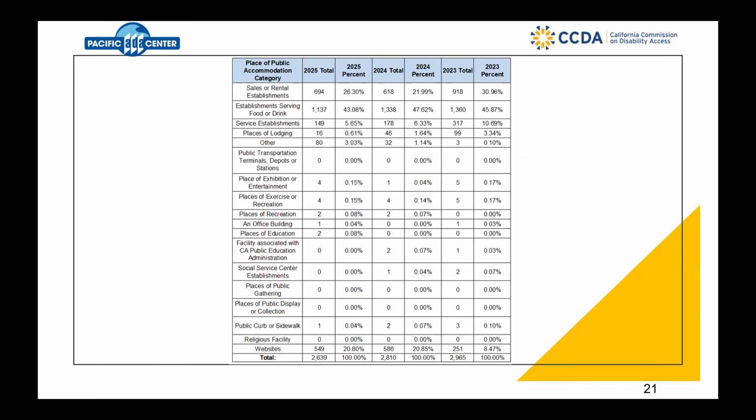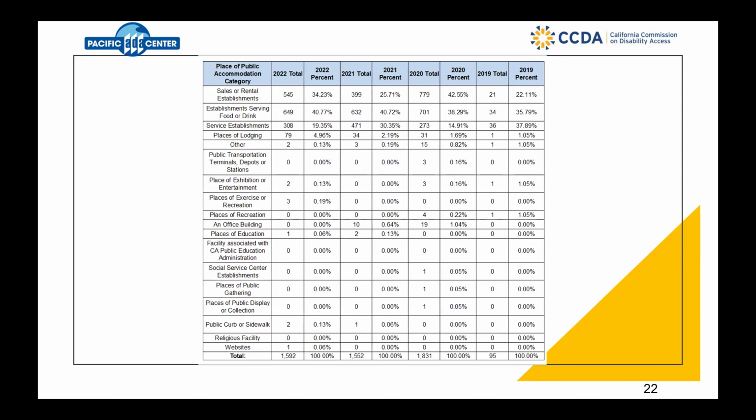And so, just as an example for this chart, I'm going to read some of the highlights. For places of public accommodation category, sales, retail establishments, in 2025 that represented 26% of the collected violation data. But the top in 2025 was establishments serving food or drink, and the others were kind of spread out across that.